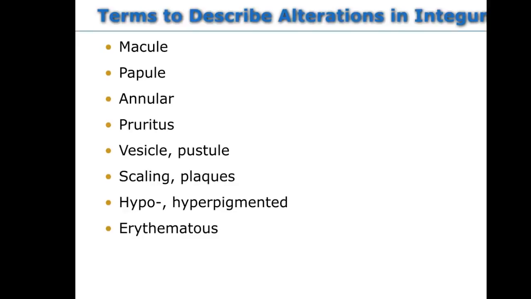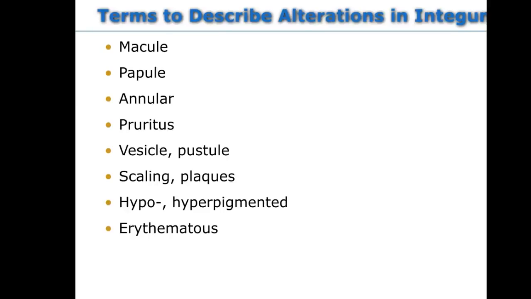All right, some terms. So whenever you see a rash, you're going to need to be able to describe it. So you need to know what each of these really look like. A macule is just a flat red area. A papule is a skin-colored, flesh-colored lesion. Annular means round. Pruritus means itchy.